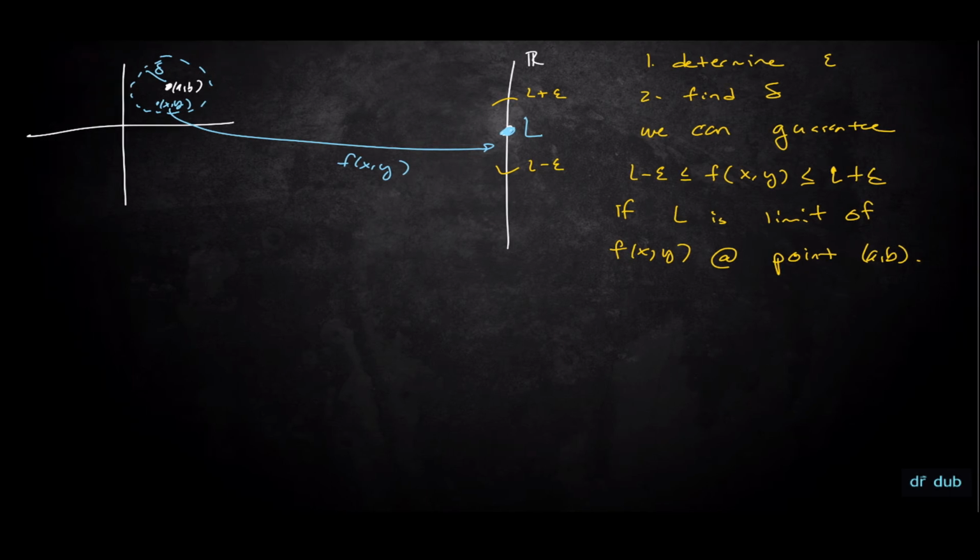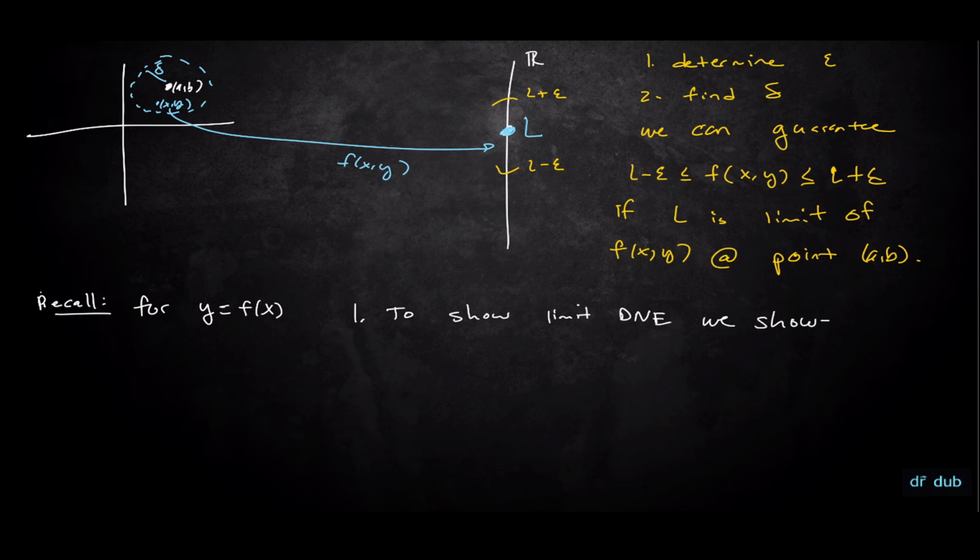So recall, for y equals f of x, number one, to show the limit does not exist, we showed that the limit as x went to a from the right of f of x was not equal to the limit as x goes to a from the left of f of x.